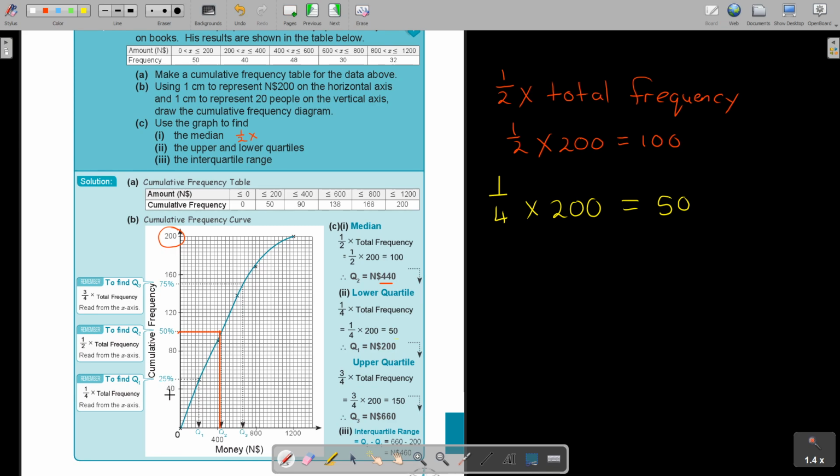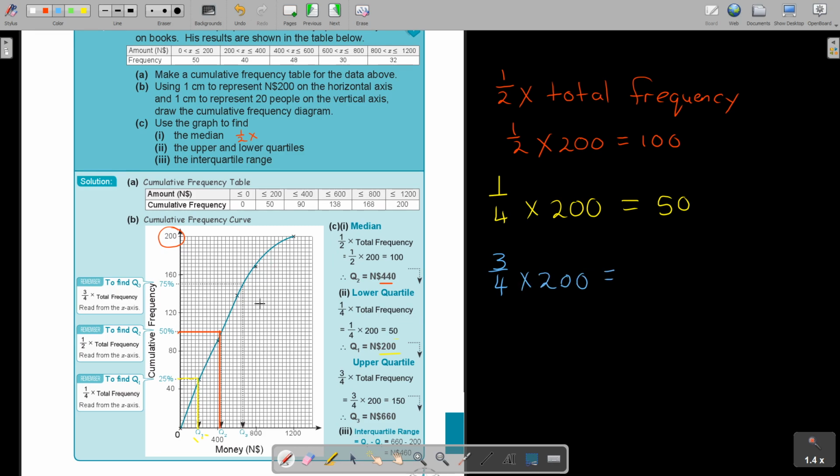So this is a quarter. I'm drawing it, that's 50, and then I draw down with a ruler, and it will give me the lower one. And then the next one is quartile 3, so that's going to be 3/4. But that's just the place where I read it down. So 3/4 of 200.